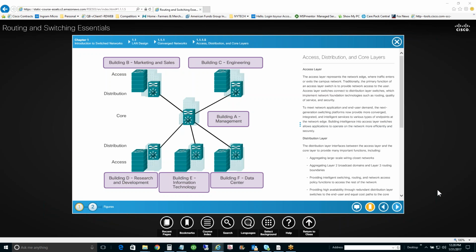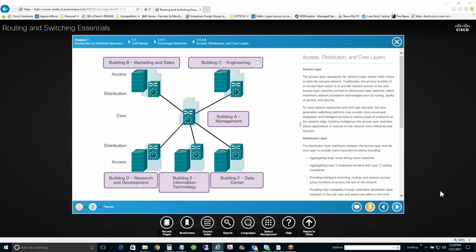So the payoff of all of this is that the design guidelines brought forth in the borderless network infrastructure are, again, as we discussed, hierarchical, and this facilitates the understanding of the role of each device at every tier. So we know what the basic functions of a device are based on where it is in the hierarchy of the design.